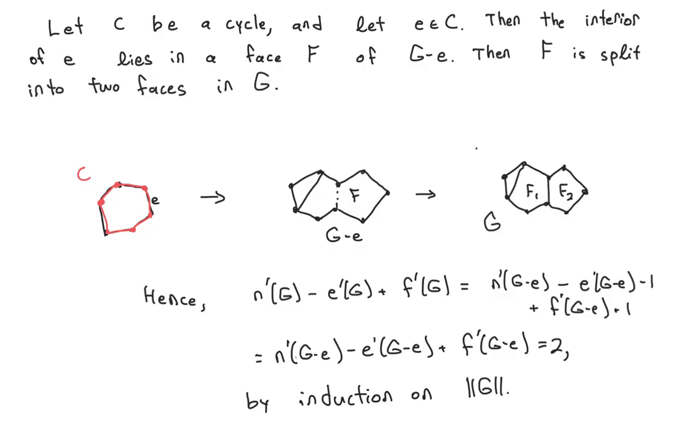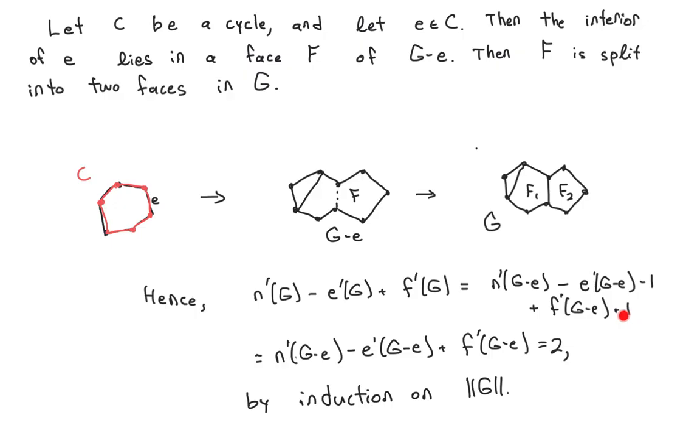Then you just look at what happens. Once you draw the edge E back in, F gets cut into 2 faces. So what this tells us is that G take away E has the same number of vertices as G. The number of edges of G take away E differs from the number of edges of G by 1, but also the number of faces of G take away E differs from the number of faces of G by exactly 1.